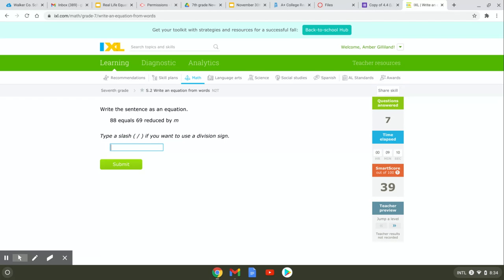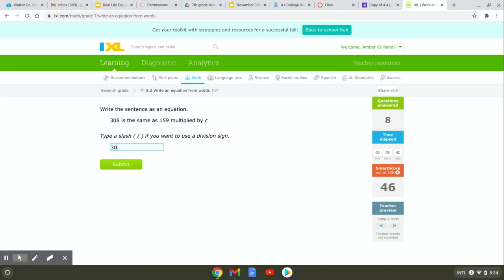Okay, this one says 88 equals 69 reduced by m. I know that reduce means less than, and less than means subtract. So this one says 88 equals 69 reduced by m, minus m. 308 is the same as 159 multiplied by c.